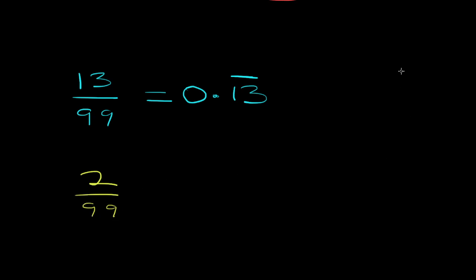Remember that the first one we did was 2 over 9, and then we said it was 0.2 repeating, right? Sorry, I wrote beyond what you can see. Let me write at the bottom. The first one was 2 over 9, and that gave us 0.2 repeated. Now we have 2 over 99.